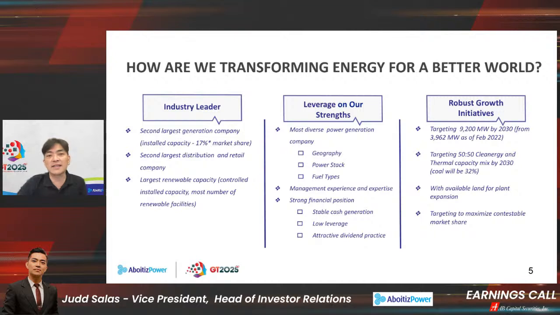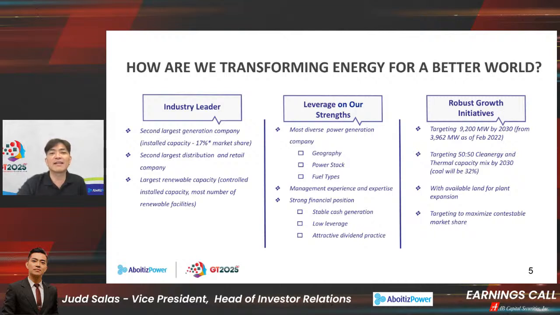We are the largest owner and operator of RE in the country, with an installed capacity of 1,553 megawatts of RE. Today, we are also the largest generation company, with a market share of almost 20%.